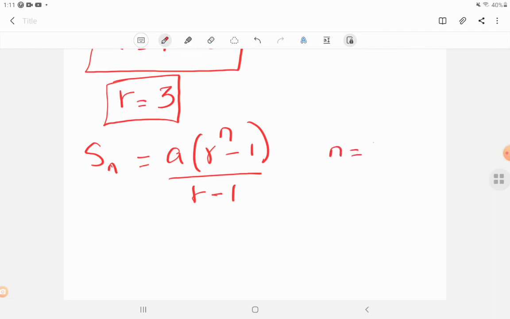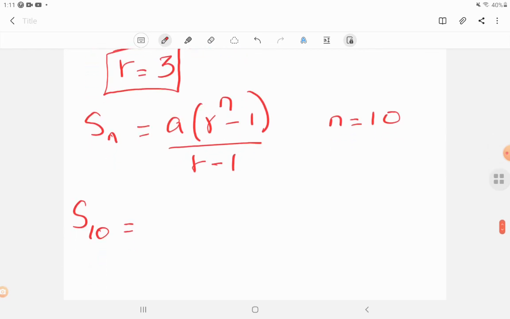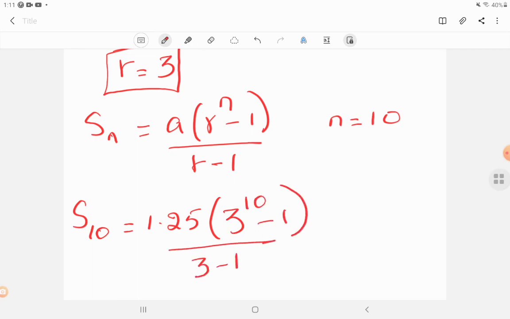So n is equal to 10 here. We write n as 10 and A as 1.25, times 3 to the power of 10 minus 1, divided by 3 minus 1.